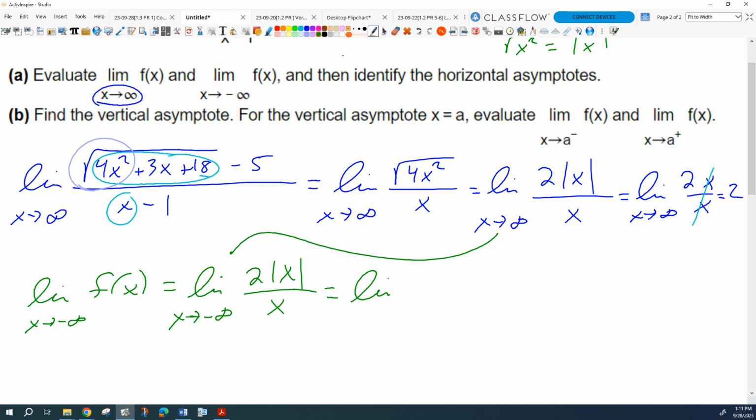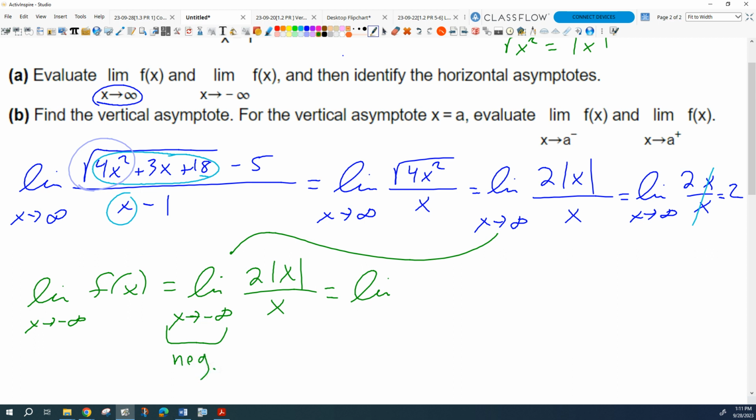Okay, again, what's the absolute value of negative 10? 10, which is the same thing as negative 10, right? So what's the absolute value of x equal to if x is a negative value? Negative x, right? Because I've got to make it positive, right? This is negative.